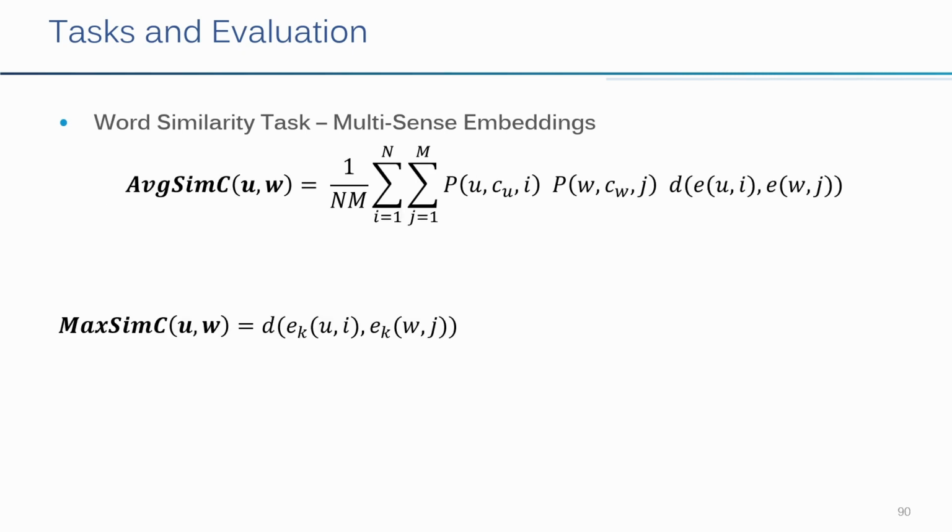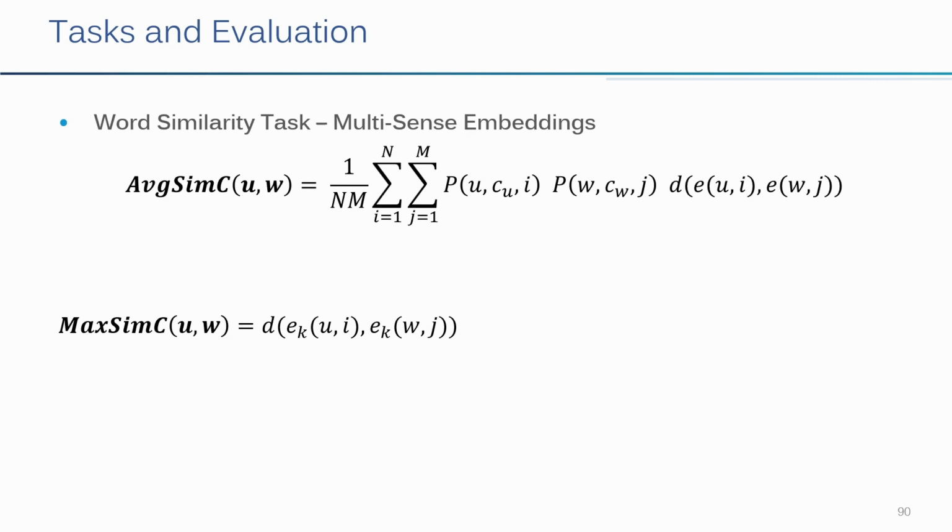But on top of that, depending on the task or the problem that you're approaching, you also have the context, because they will provide to you: this is the word that I have, this is the context, and this is another word and context, how would you relate that? So ideally, you want to consider the context to calculate how similar those two words are.